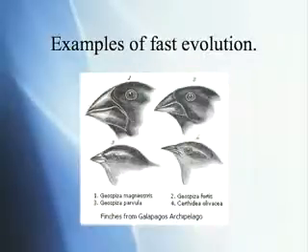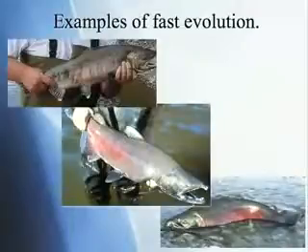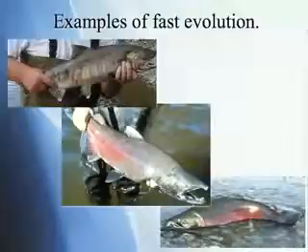And a lot of other organisms, such as salmon, are known to evolve very rapidly, especially when you think of fishing pressures and selection coming from those fishing pressures. So there are all these different examples of how evolution in organisms is occurring very, very rapidly on the timescale of decades.